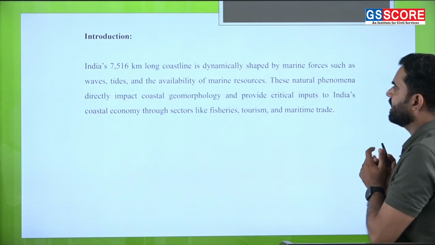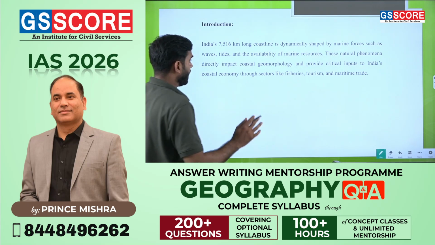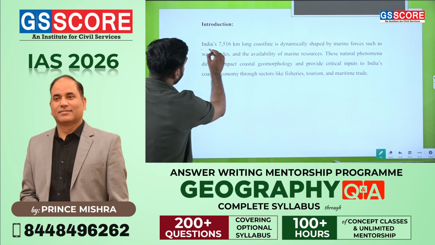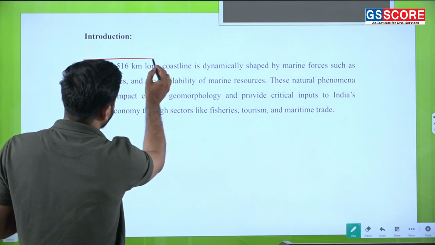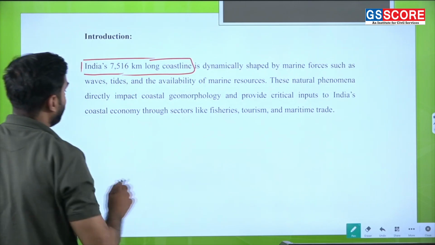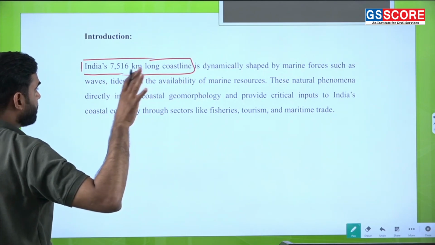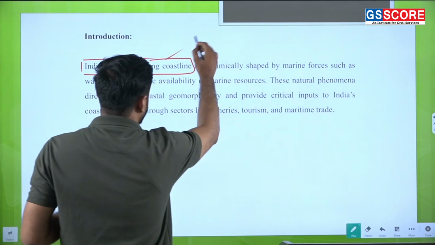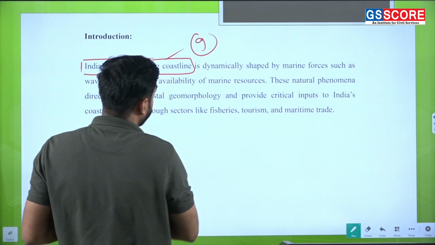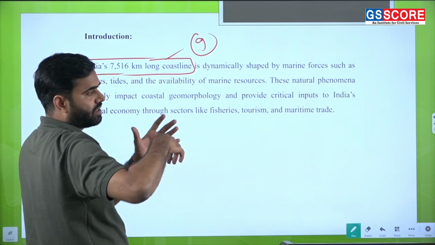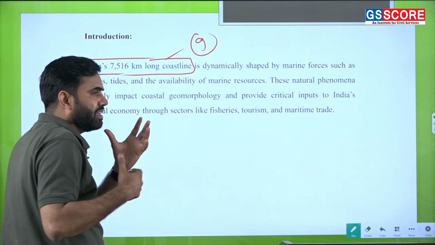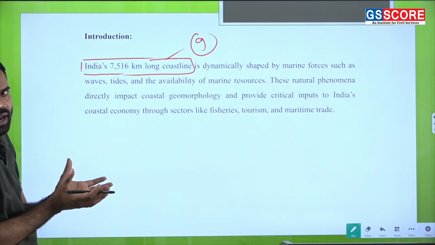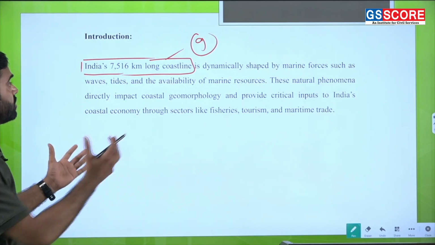From the introduction side, you have to start the answer from the coastal line, meaning the coastal boundary. India has a coastline more than 7,500 kilometers long, making 9 state boundaries, including, here we can add, Andaman Nicobar and Lakshadweep.